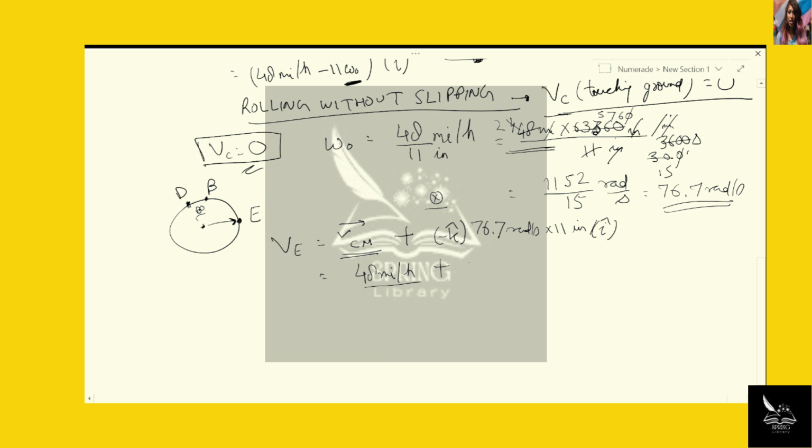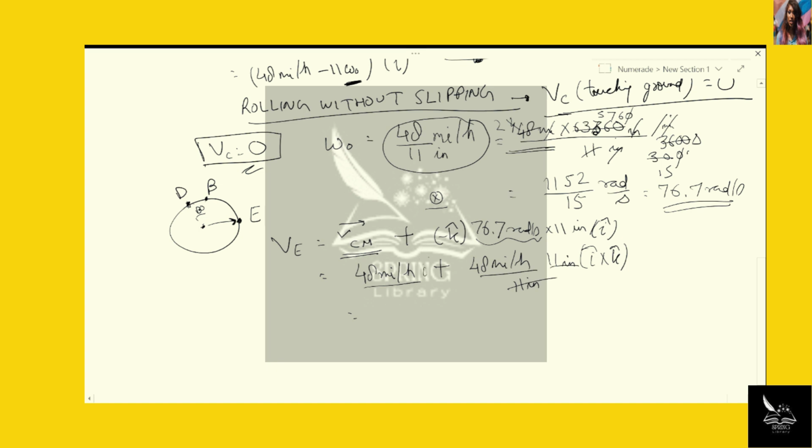Plus 76.7. Now it's useful to write this omega 76.7 as 48 miles per hour per 11 inches, because you can cancel the inches in that case. So we again write 48 miles per hour over 11 inches times 11 inches, I cross K, because minus K cross I is actually I cross K. And so 11 inches and 11 inches cancel.